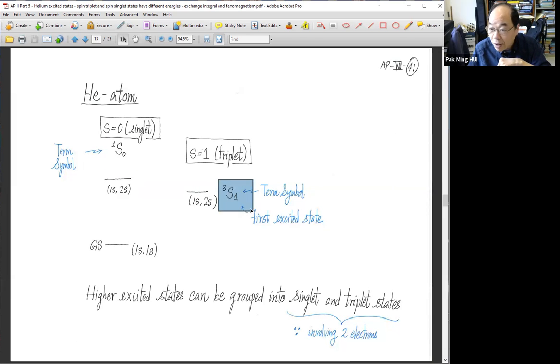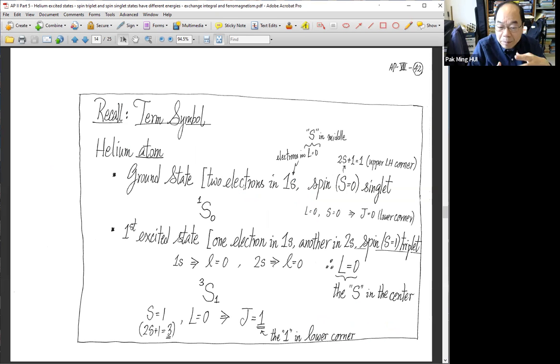We introduced that already in the previous part, but that term symbol is applicable to all atoms. The next page is just to explain why we have this 1S0, 3S1 there. But we already introduced the idea.